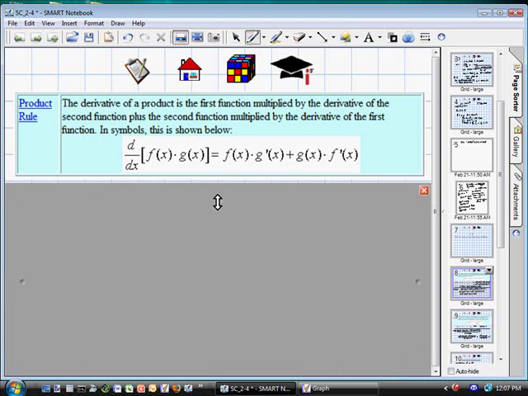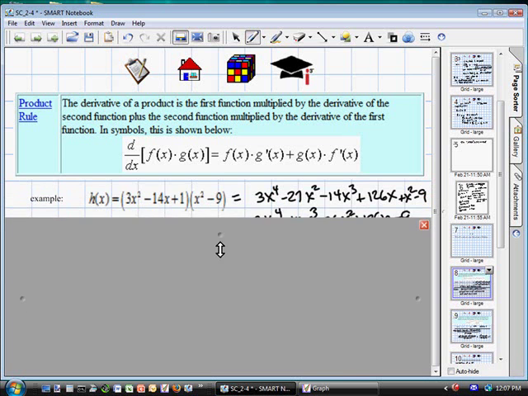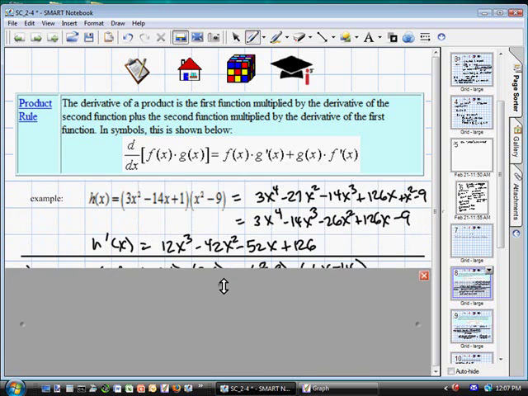Now, this big obnoxious thing that was underneath it was an example. Here's an example of two things clearly being multiplied, right? In function h of x, I've got a trinomial being multiplied by a binomial. 3x squared minus 14x plus 1 multiplied by x squared minus 9.